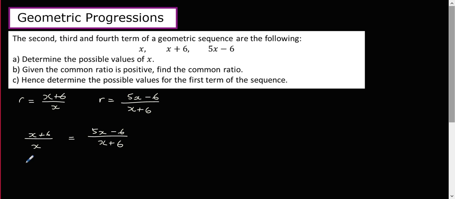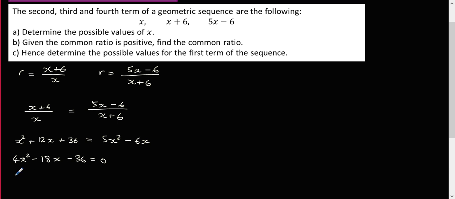We'll multiply everything through. So x squared plus 12x plus 36 equals 5x squared minus 6x, and we'll rearrange that into a lovely quadratic. 4x squared minus 18x minus 36 equals 0, or 2x squared minus 9x minus 18 equals 0.